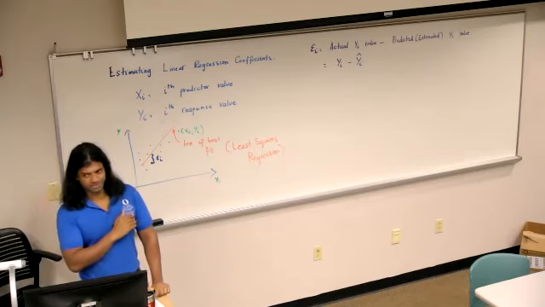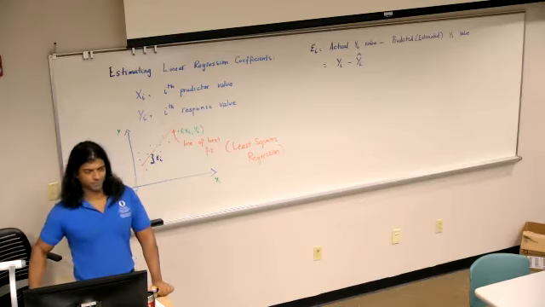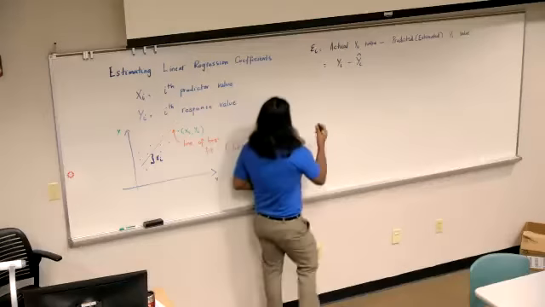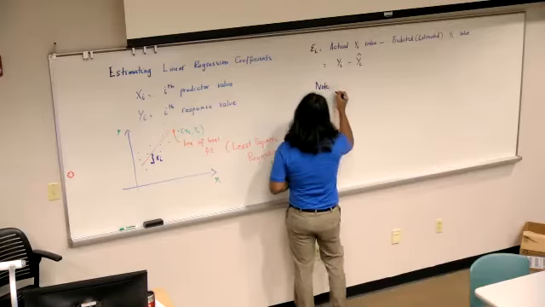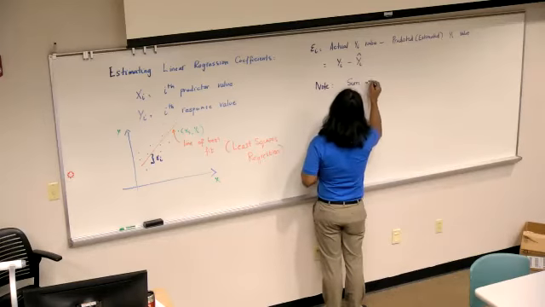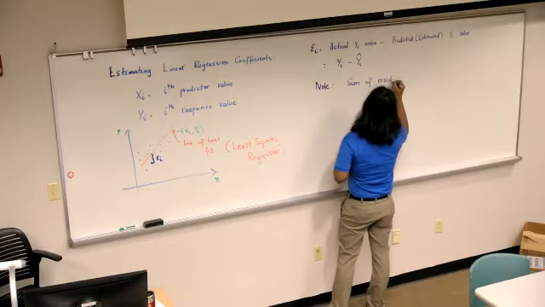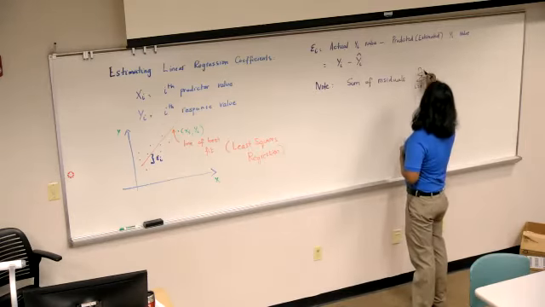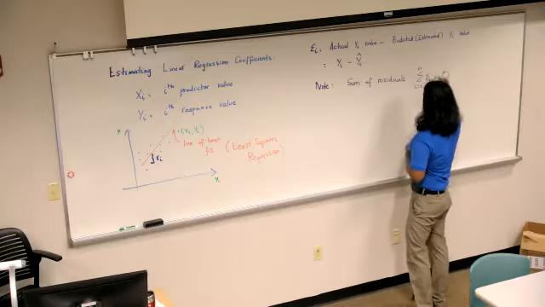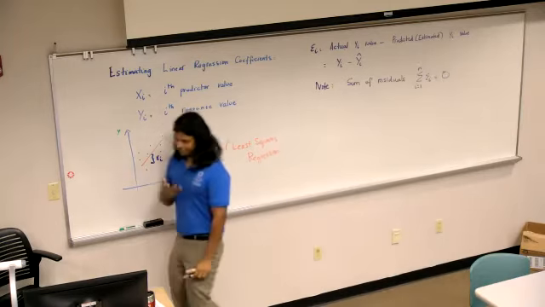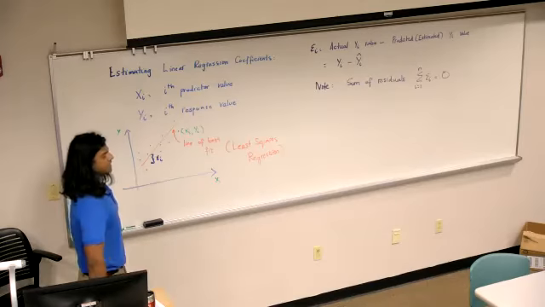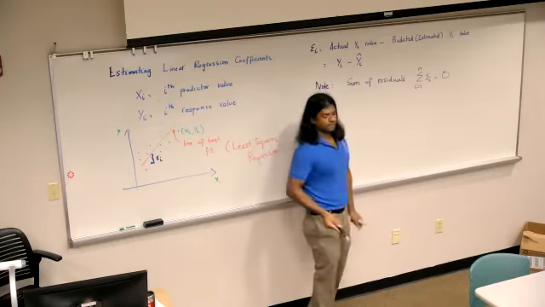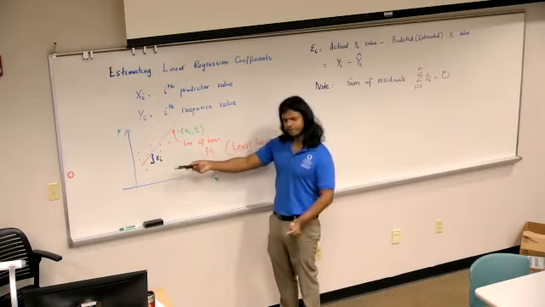If you add all the deviations, what would the net result be? 0. In this case, this would theoretically be 0 because yi hat is the line that goes through the center.